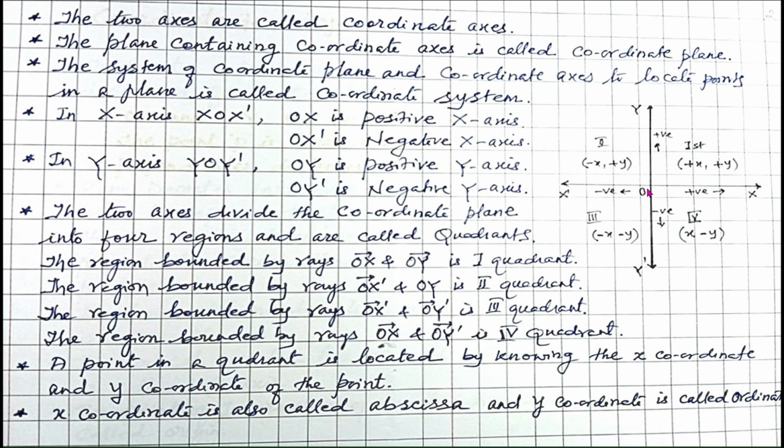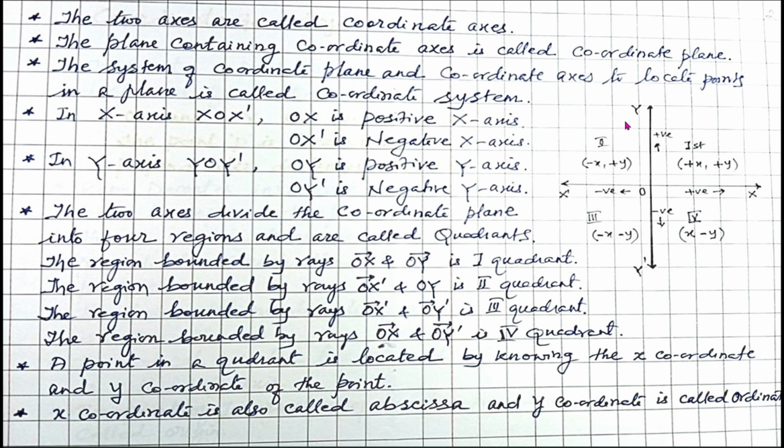The region bounded by the ray OX and ray OY is called the first quadrant. The region bounded by the ray OY and OX dash is called the second quadrant. The region bounded by OX dash and OY dash is the third quadrant, and the region bounded by OX and OY dash is the fourth quadrant.